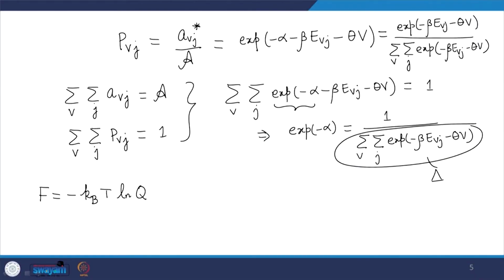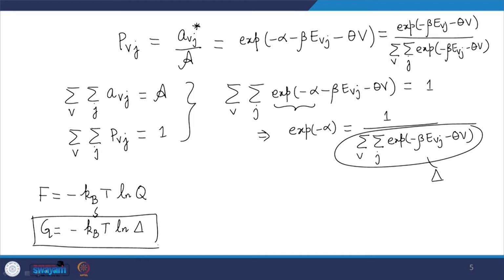If I am doing it for the grand canonical ensemble, we already know that the corresponding thermodynamic function is the Gibbs free energy, and that should be equal to minus k_B T ln of the delta, that is the partition function for the isothermal isobaric ensemble.